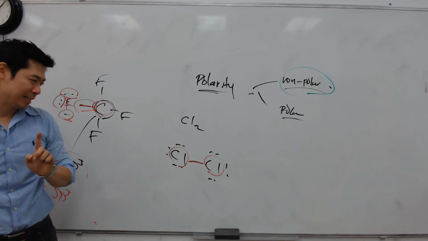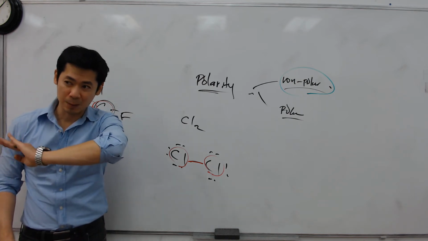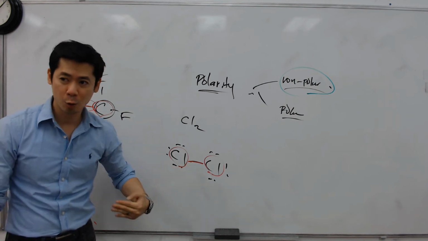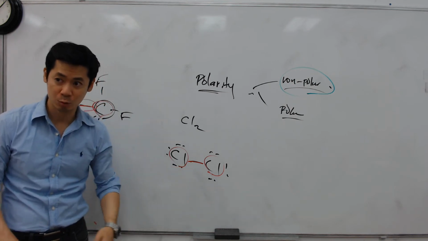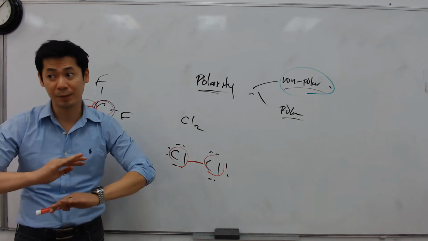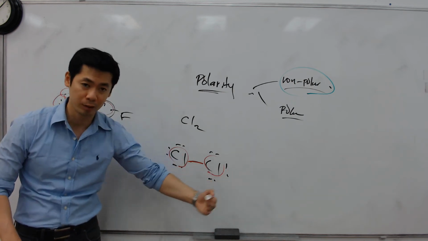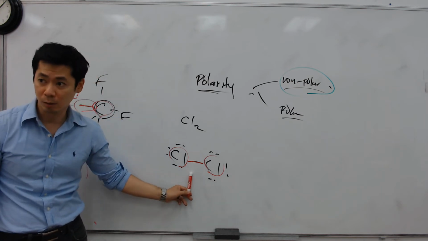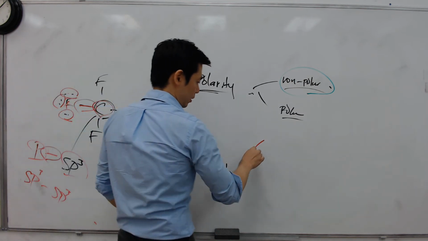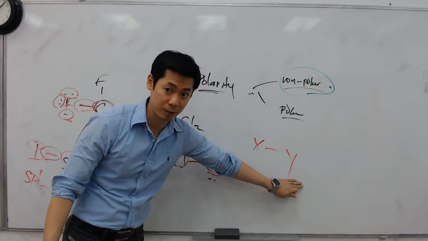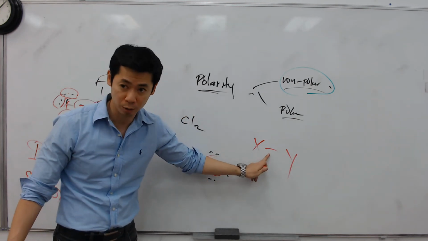So from your AP perspective, a non-polar covalent bond is typically between the same elements: Cl and Cl, fluorine to a fluorine, carbon to a carbon. That's a non-polar bond. If an element is bonded to a different element, that is a polar covalent bond, because they should have different electronegativities. If you are bonded to the same atom, same element, that is a non-polar covalent bond.